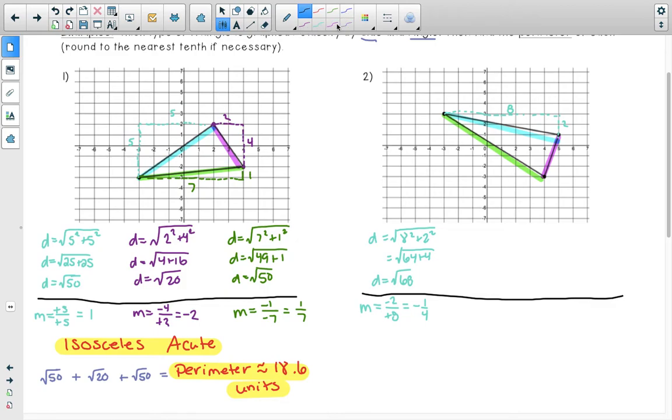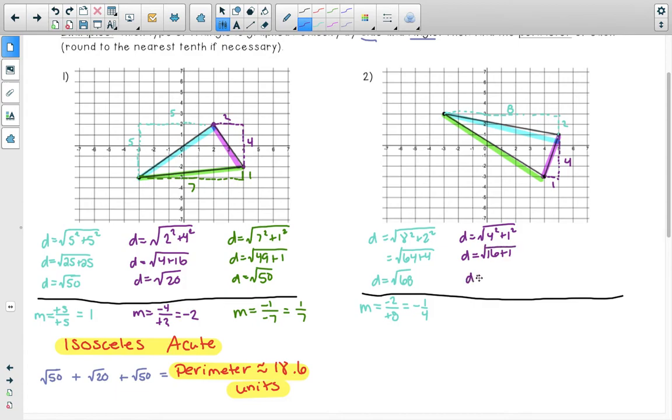So now we're going to do the purple one, purplish pink. I'm going from coordinate to coordinate. I went 1, 2, 3, 4 on the vertical and 1 on the horizontal. So distance is equal to the square root of 4 squared plus 1 squared, which is the square root of 16 plus 1.